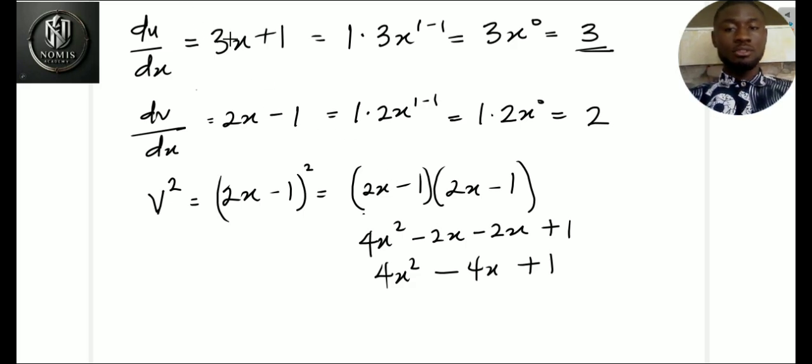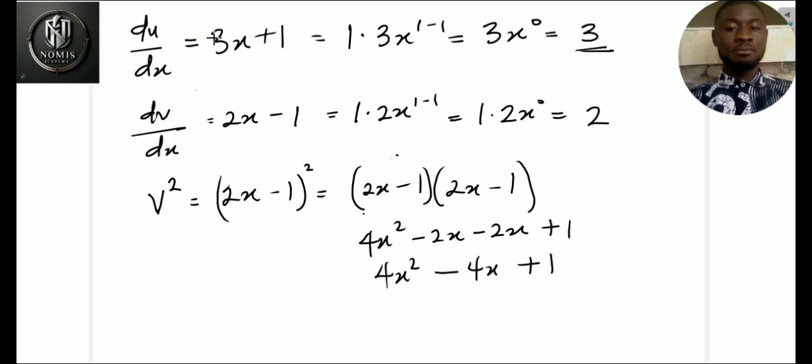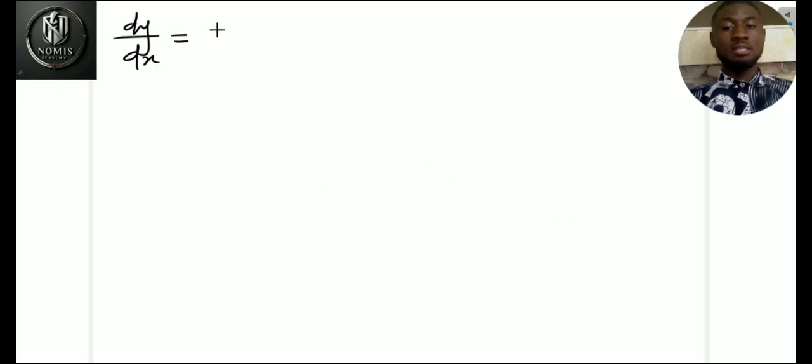So you remember what the formula is? We are going to state it again. dy/dx is equal to v du/dx. What's our v? Remember that our v is 2x minus 1. So 2x minus 1 is to be multiplied by du/dx.